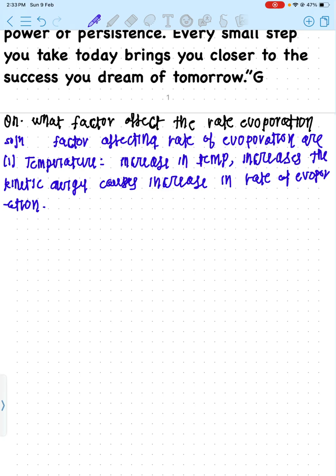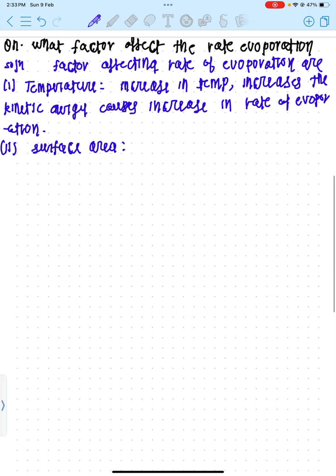surface area. For example, if you have a small surface area, the molecules have a small space. If the space is more, evaporation will be more.